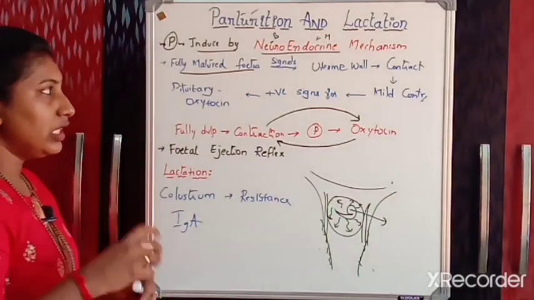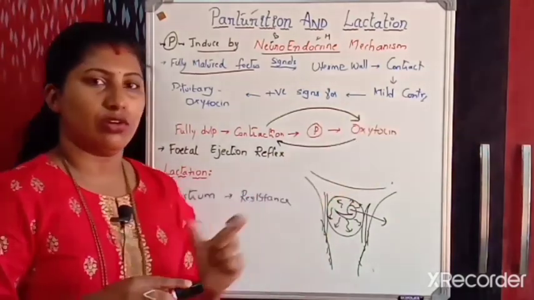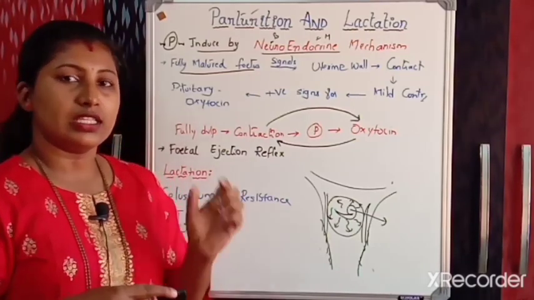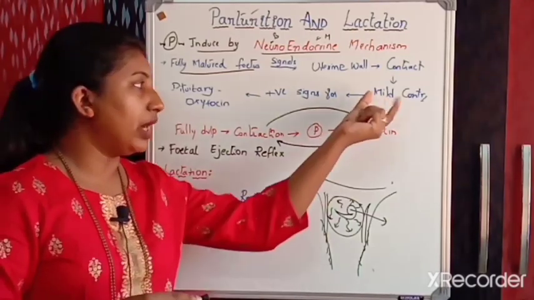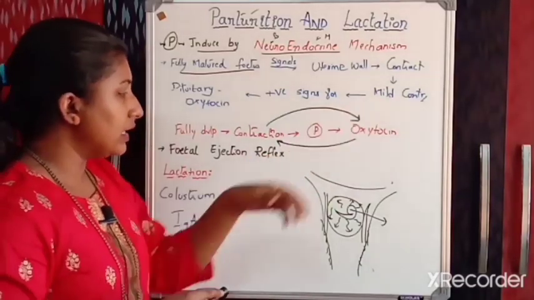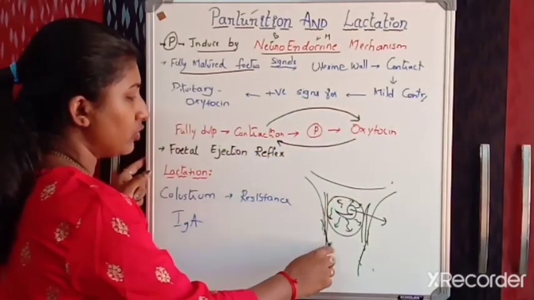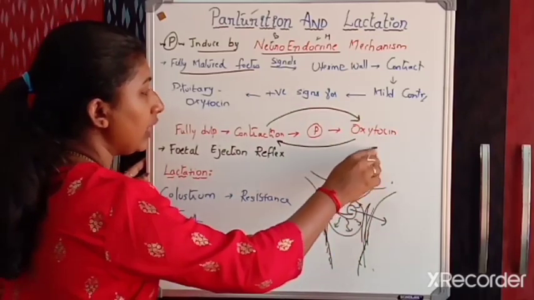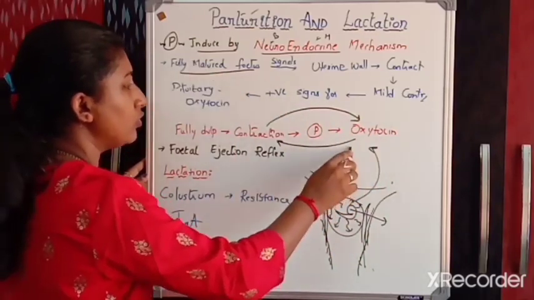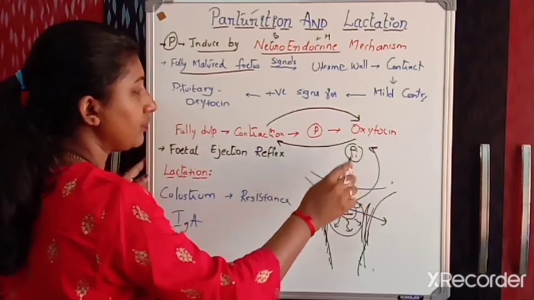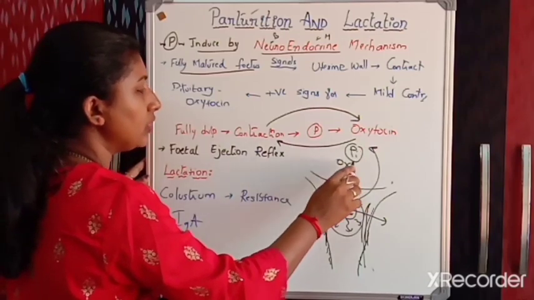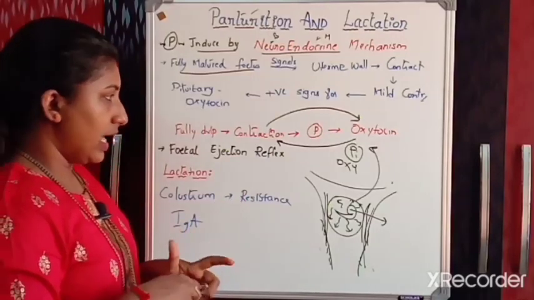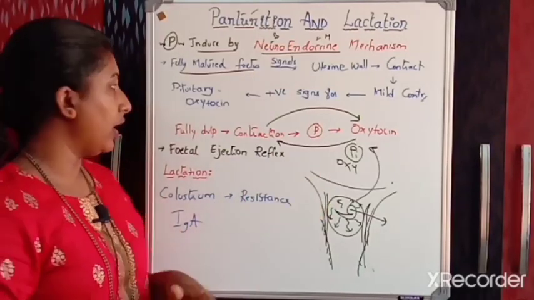Initially it leads to a very mild contraction, not a stronger contraction. This mild contraction of the uterine wall gives a positive signal to the brain, or to the pituitary, to release a very important hormone called oxytocin.